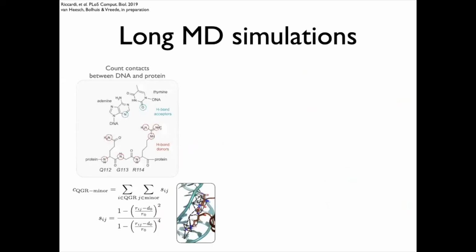Okay, so with this procedure in mind, we can then do long MD simulations. Here is basically a contact count that we do. So we count the number of contacts between the protein and DNA. This is the whole derivation of it, but this is basically what we look at.